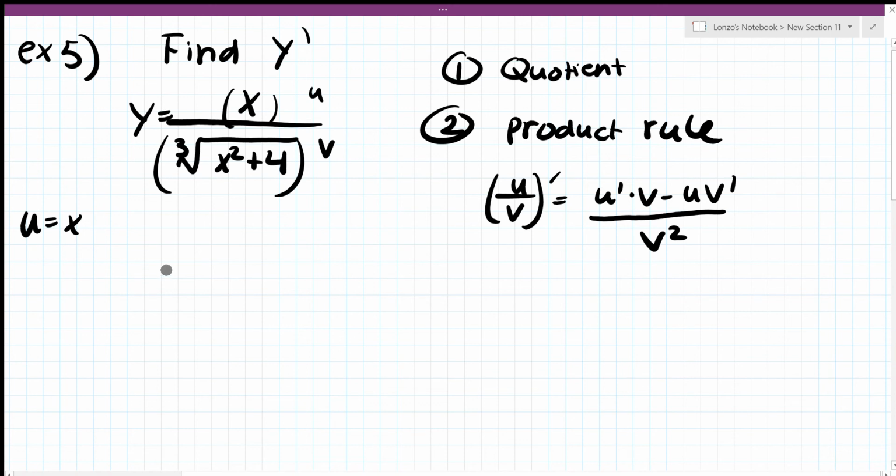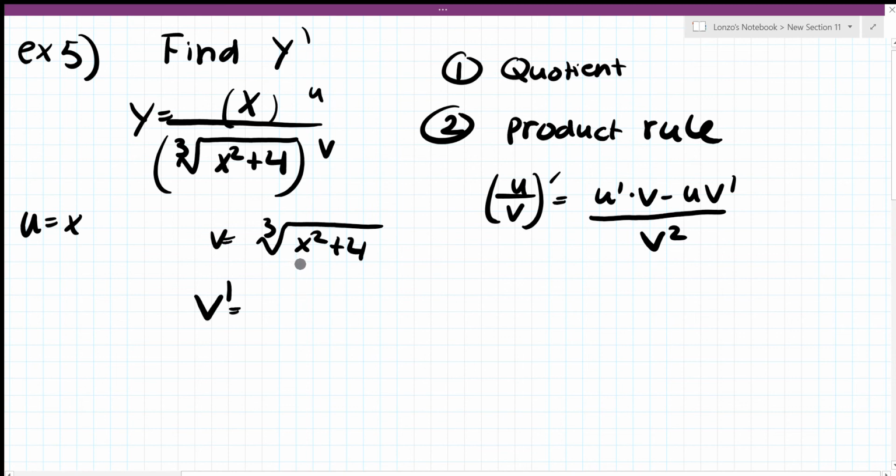So u is that, and then v is the cube root of x squared plus 4. If you take the derivative of that, I'm not going to do the work.